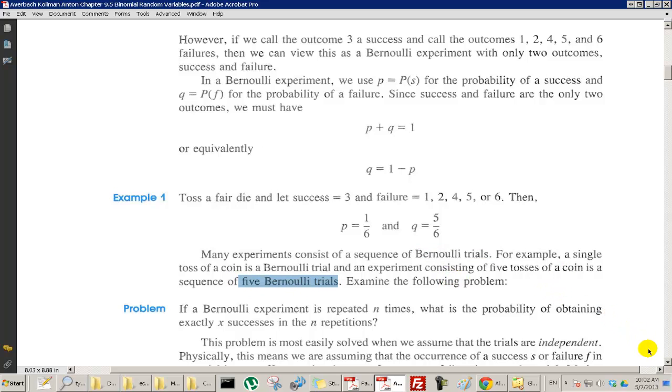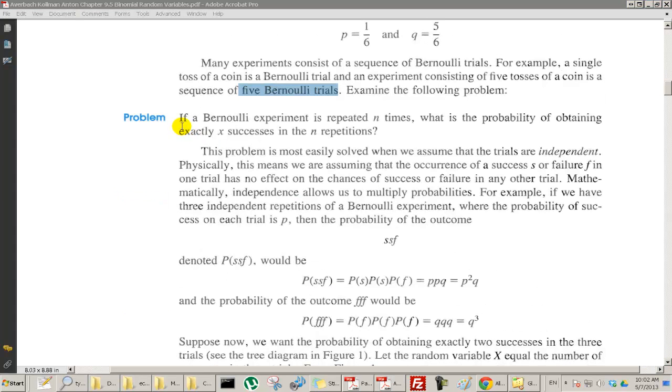Examine the following problem. If a Bernoulli experiment is repeated n times, so maybe 12 times or 2,500 times, what is the probability of obtaining exactly x successes? So what's the probability of getting exactly 10 heads, or exactly 5 heads? Or what's the probability that 2,000 out of the 2,500 larvae mutate?